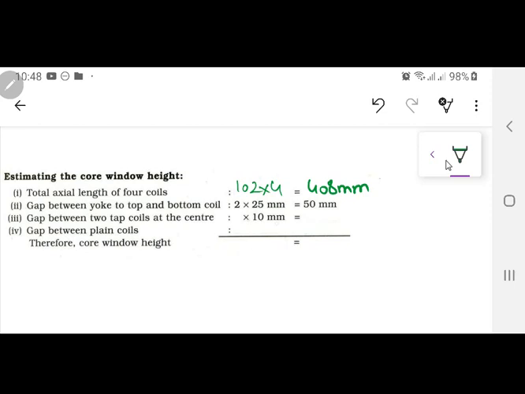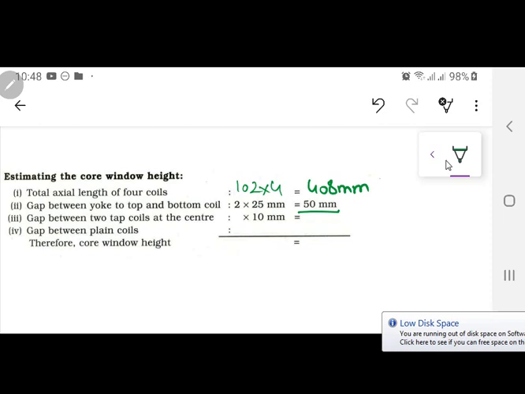So you are always going to have a 50 mm gap. यानी कि the topmost 2 coils 50 mm top, 50 mm from the bottom, and then gap between 2 tap coils, that is 10 mm, and gap between plain coils, this is equal to 2 cross 7 mm. Here this is taken as 7 mm, you can take it over there.